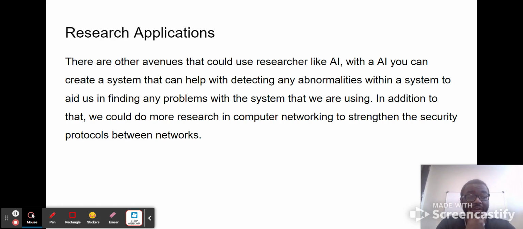It allows us to easily recognize if our information is lacking in some way, like if it's easily penetrated, if it's easily cracked, right? In addition to that, we can do more research in computer networking as well to strengthen the security protocols between networks.